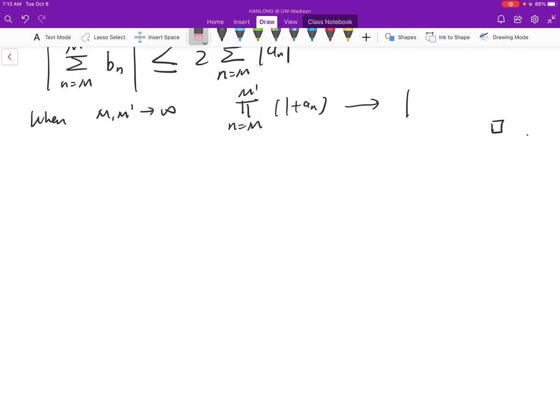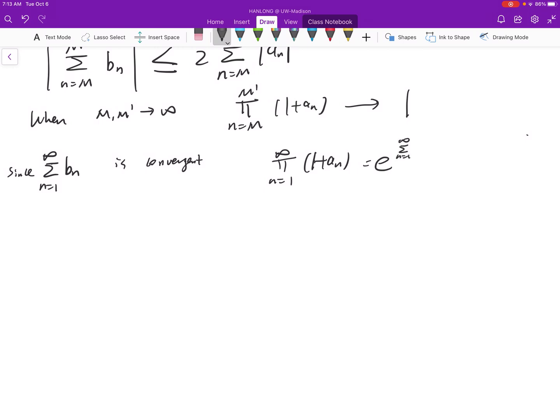And then the second part. Since the product is convergent, the limit is the exponential of the summation of bn to infinity, so it's different from zero.